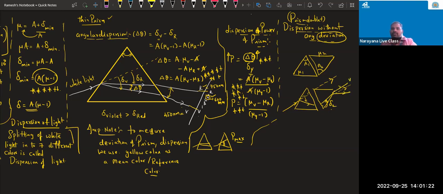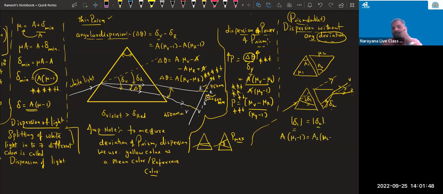Violet to red. Now I can write one statement. Angular deviation due to the first prism must and should be nullified by angular deviation of the second prism. What is the angle of deviation due to the first prism? A1 into mu1 minus 1. What is the angle of deviation due to the second prism?